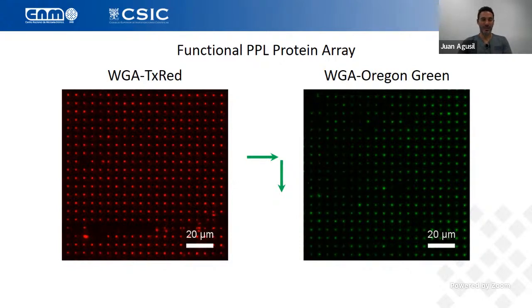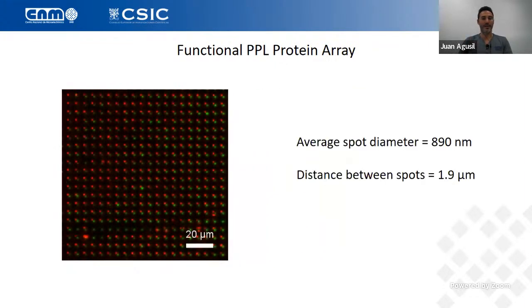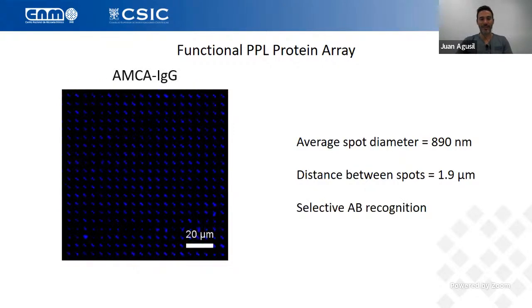So we use the same approach to fabricate a germ agglutinin protein array with spot diameters of around 890 nanometers, with the difference of this kind of distance between the spots. And then we just tried to investigate if it was going to be recognized by antibodies.